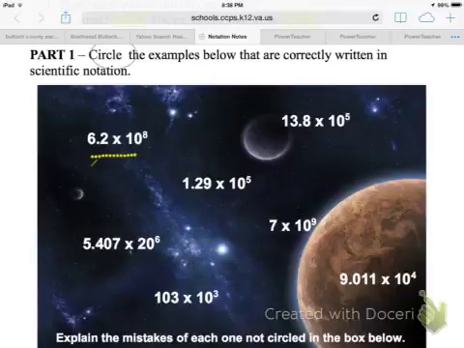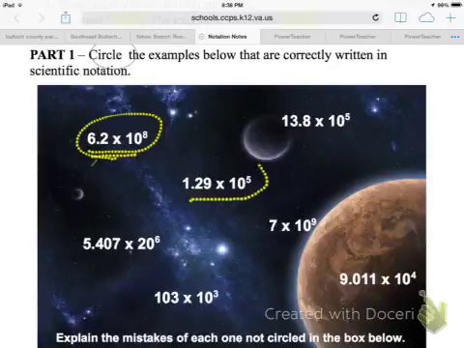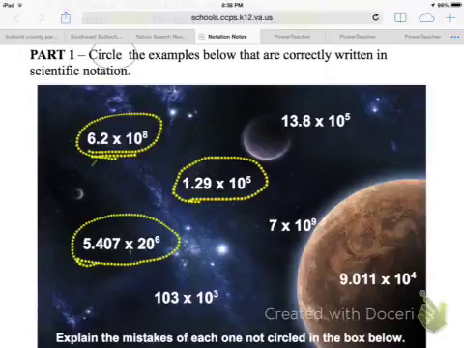I have the multiplication sign and a power of 10. So I can circle that because it is written correctly. The next one, 1.29 times 10 to the 5th, I can also circle. Again, the first number falls between 1 and 10 and is multiplied by a power of 10. I can also circle this one.